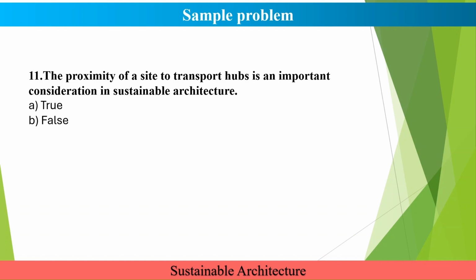Okay, so all of you have mentioned two only. So it is clear also, whenever there will be proximity to the transport hubs, then it will help in reducing the needs for the additional infrastructures. It will be promoting the efficient transportation and minimizing the environmental impact. So two will be the right answer for this one.